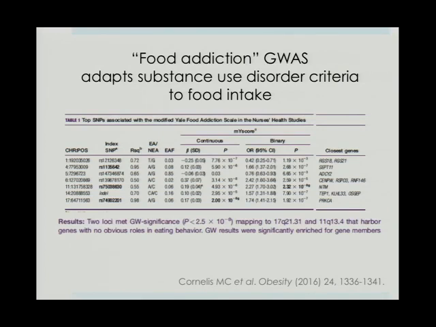They basically did this by adapting the substance use disorder criteria and surveys and substituting food. It was a little more involved than that, but if there's any food where you have feelings of craving, etc., they would rate you, and then they looked at the genetics genome-wide of all of the participants.